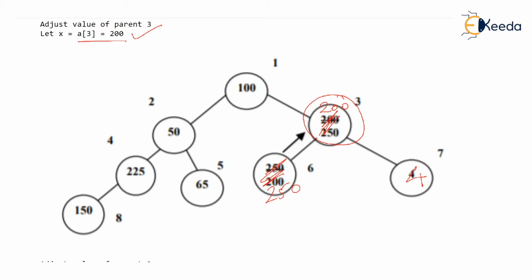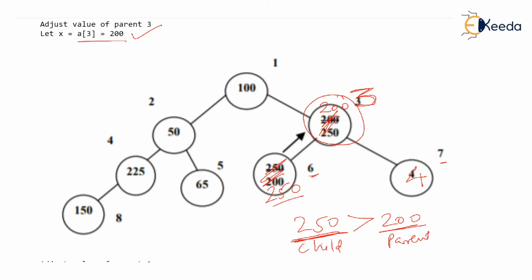So what we first do is we ask this third node, who is your largest child? There are two children located at 6 and 7 and their values are 250 and 4, and we see 250 is larger. So we select the larger child and we compare it. Is it greater than the value stored at the third node? And we see, good lord, the value of the child is larger than the value of the parent, isn't it?